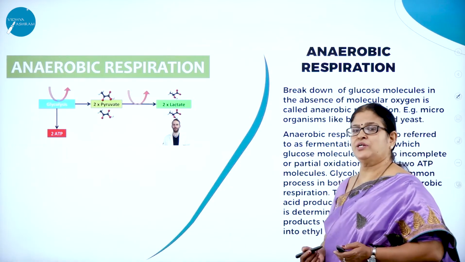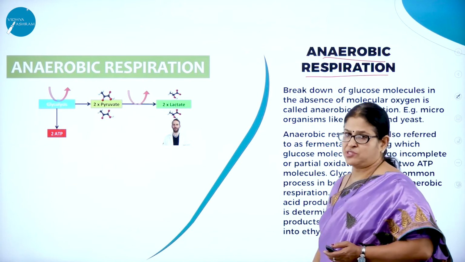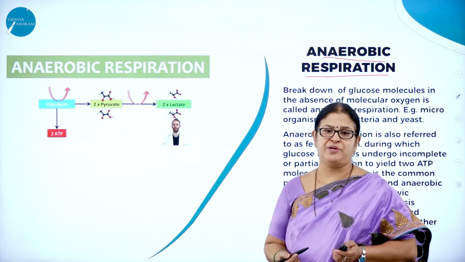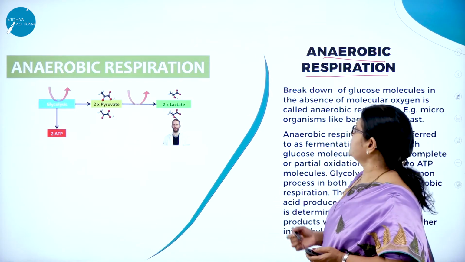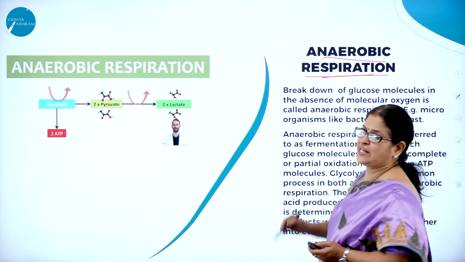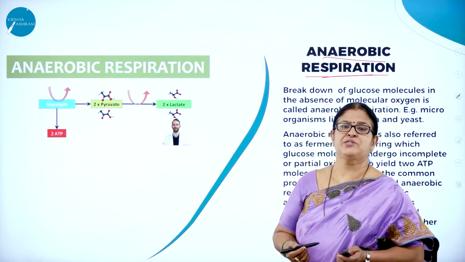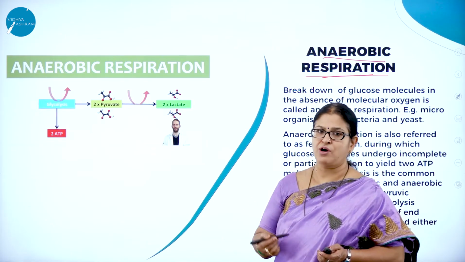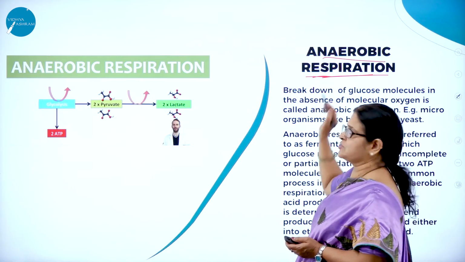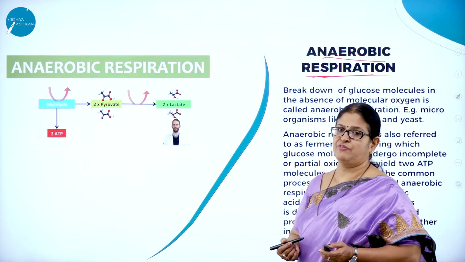Now moving on to the next very important process called anaerobic respiration. As we have already studied, respiration is of 2 types, aerobic and anaerobic respiration. Aerobic respiration takes place in presence of oxygen, whereas anaerobic respiration is a type of respiration which takes place in absence of oxygen.